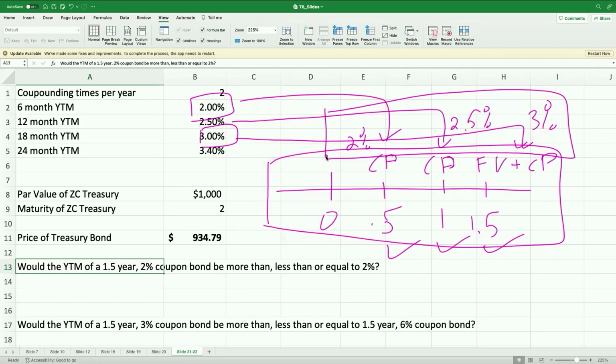It's a complicated weighted average of the individual spot rates. Well, a weighted average of 2, 2.5, and 3% is definitely more than 2%. If I have positive weights on these three numbers, and the weights add to 1, that's definitely going to be greater than 2.